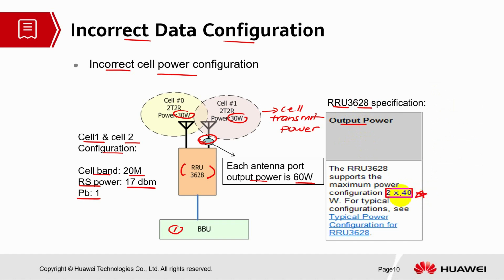So how can we check and modify this configuration? We can go to the PDSCH configuration and modify the reference power from there. These are the two important commands. Let's look into this.